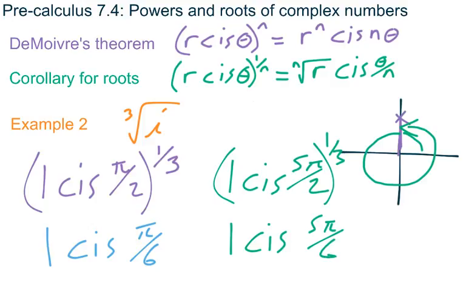Now, that may not seem remarkable to you. You're like, okay, great, we just got another number. But here's the point. I want you to notice that right here, pi over 6 is a regular old angle. Pi over 6, first quadrant, regular old angle. But 5 pi over 6 is also a regular old angle. It's just in the second quadrant.